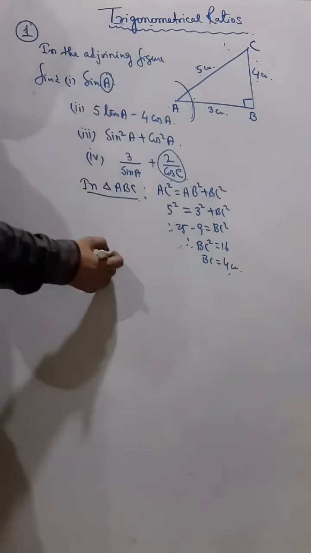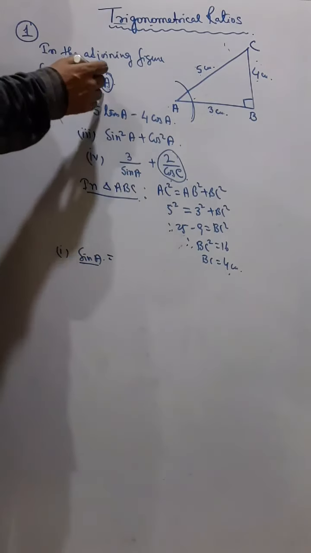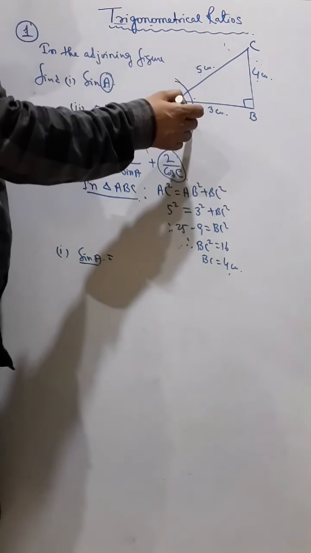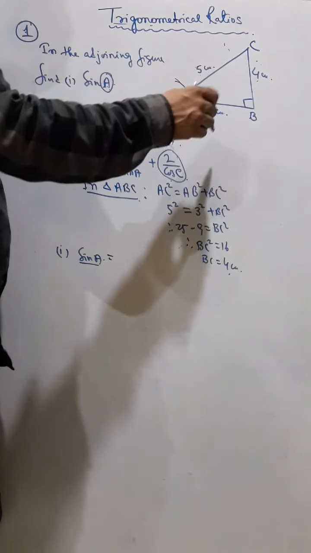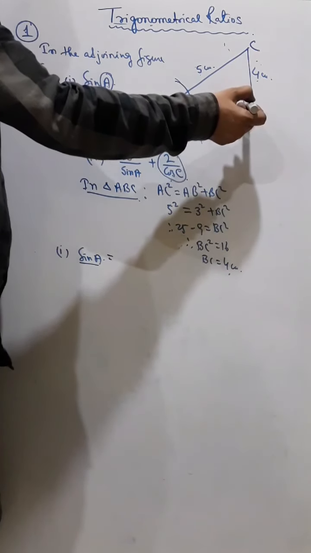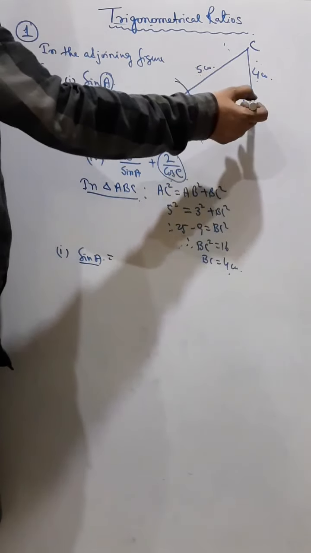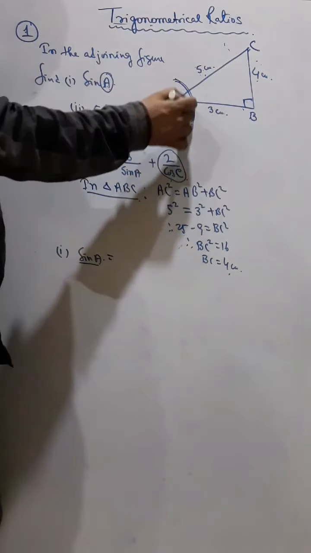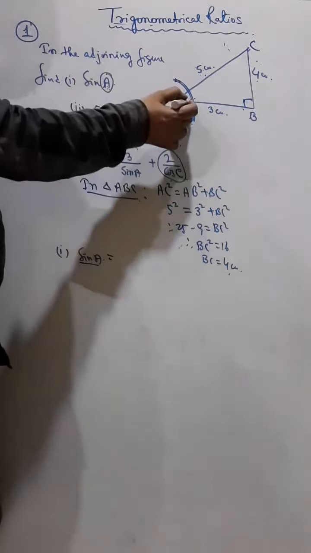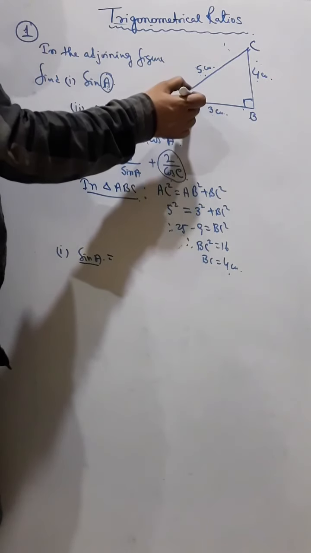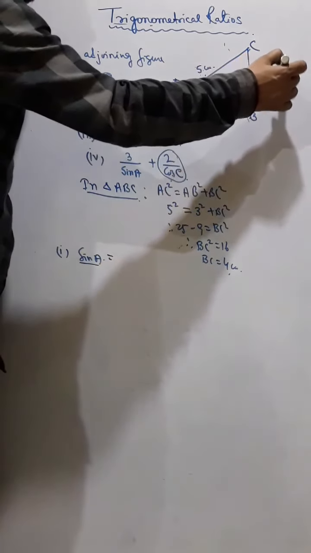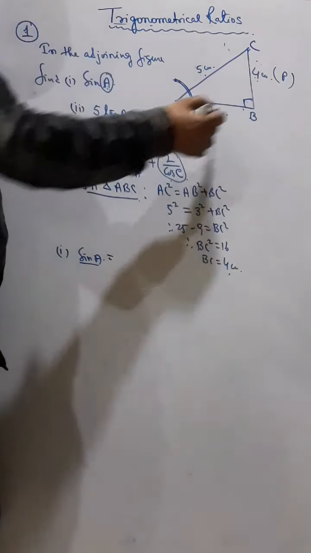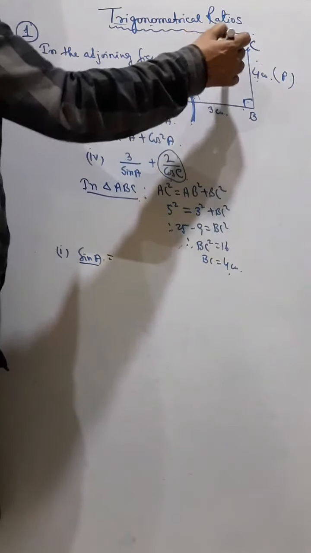So sine A. First of all, with respect to A, you have to understand which is perpendicular and which is base. Hypotenuse is always the side which is opposite to 90 degrees. So this is opposite to 90, so this is hypotenuse. Now this is the angle A, the main reference angle. Opposite to that angle A will be perpendicular, and opposite to 90 is hypotenuse.